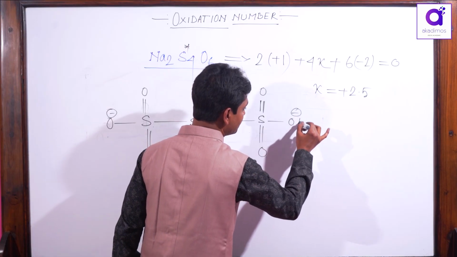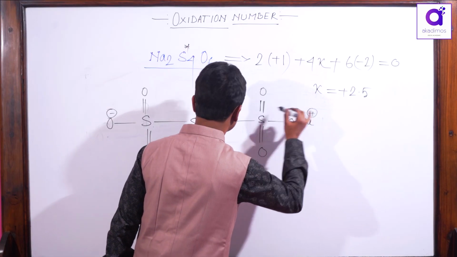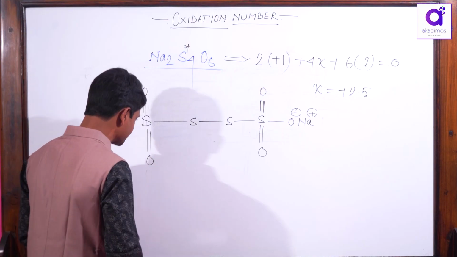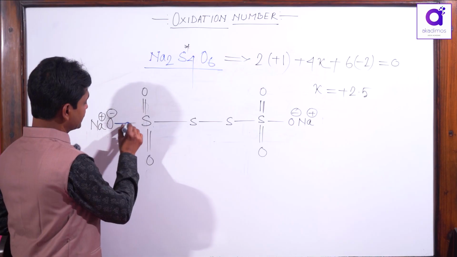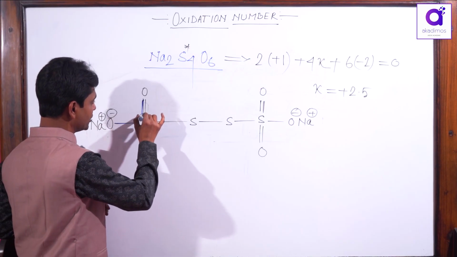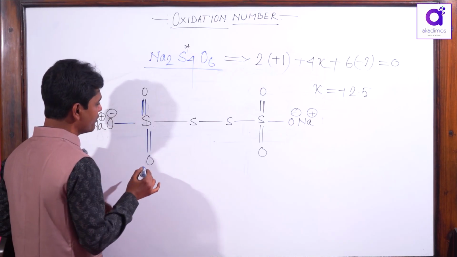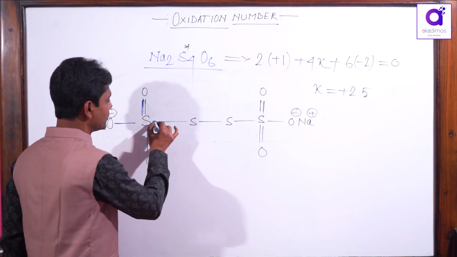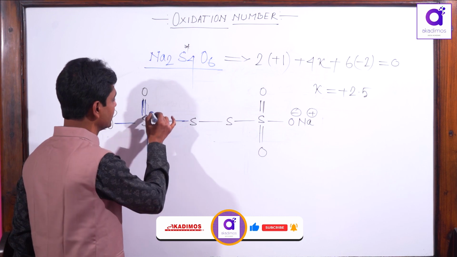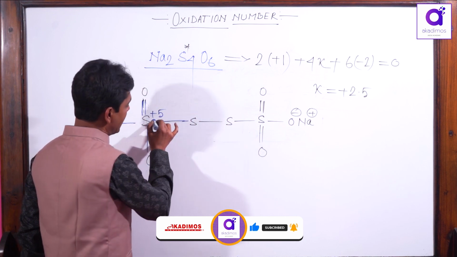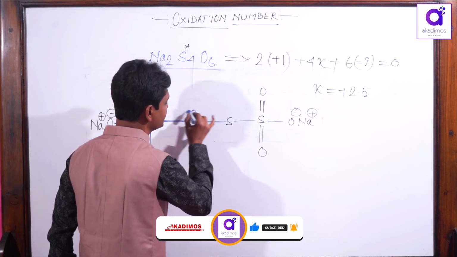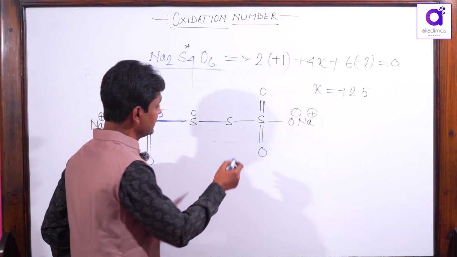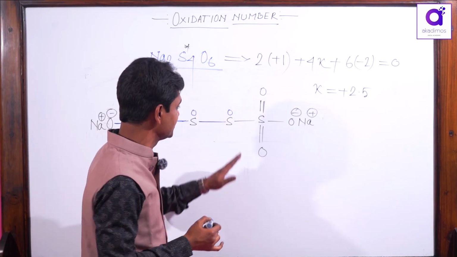This is sodium tetrathionate, Na+. Now see, oxygen is more electronegative than sulfur. How many bonds with the more electronegative oxygen? 1, 2, 3, 4, 5. And for this bond it is 0 since both are sulfur. This is plus 5. And this is 0, this is 0, this is 0. Here this sulfur has 0 oxidation state. This sulfur also has 0 oxidation state.